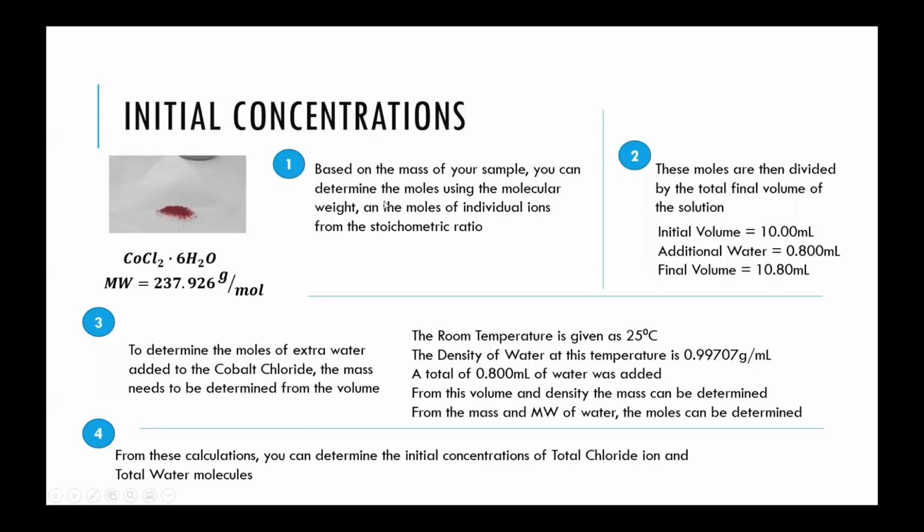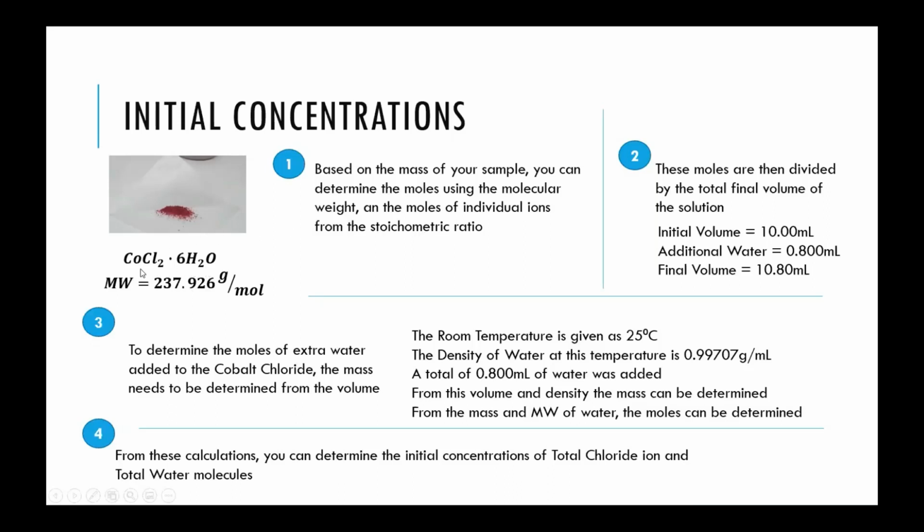So in an anhydrous condition, where you're taking this cobalt chloride hexahydrate and dissolving it in ethanol without any water, you need to know the starting concentrations, how much of each of the components is present at the beginning. And this is based on the sample size. So you have cobalt chloride hexahydrate, that red powder, being dissolved in ethanol.